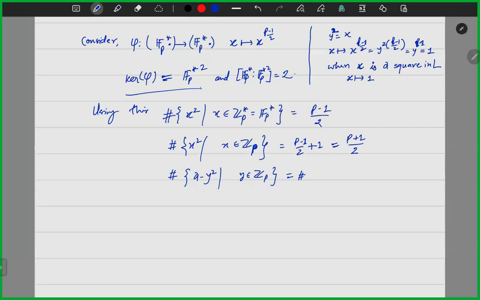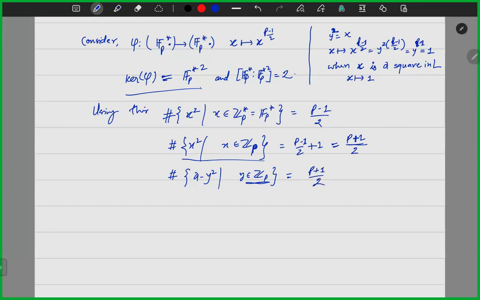So how many different y square will come? From here, you just look into it. Different y is running over all Zp. How many distinct y square will come? P minus 1 by 2. Sorry, p plus 1 by 2 from here. Right? Because this is on Zp, not in Zp star. So this is also p plus 1 by 2.